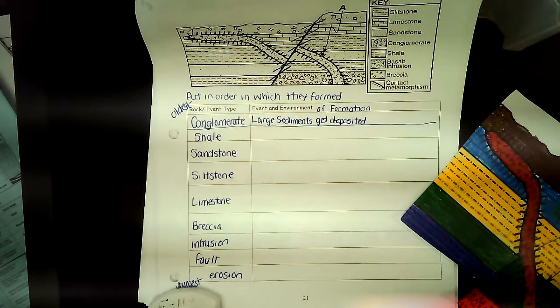So when sediments are moving by water, when do they get dropped off? In general, when do sediments get dropped off in a river? When it loses its strength. And where do rivers typically lose strength?